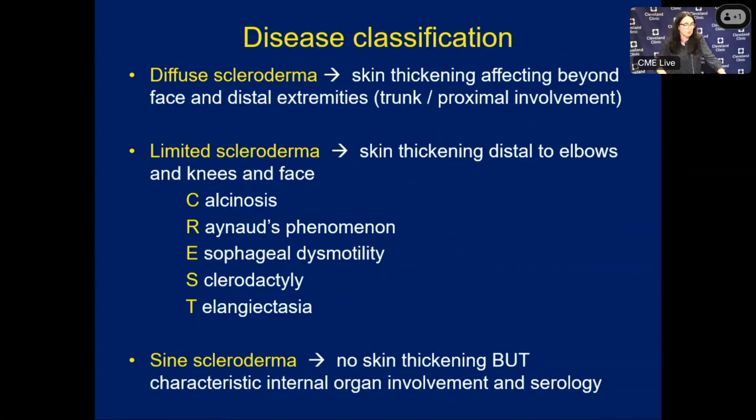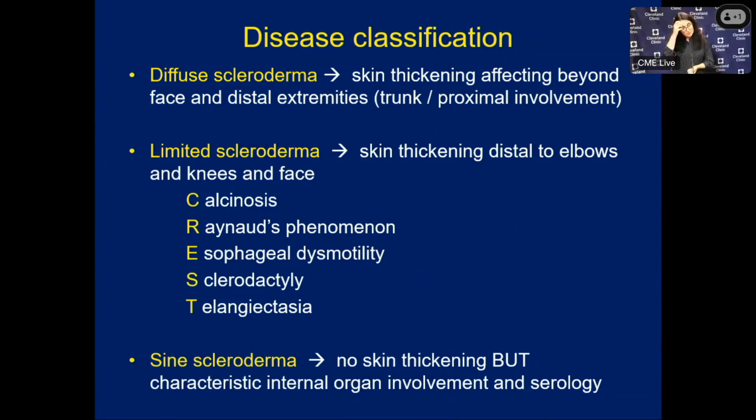But diffuse scleroderma is defined by skin thickening affecting beyond the face and the distal extremities, involving typically the trunk and its proximal involvement, whereas limited scleroderma has limited skin thickening distal to the elbows and knees and face, and is commonly associated with the acronym that we all know of CREST: calcinosis, Raynaud's, esophageal dysmotility, sclerodactyly, and telangiectasia.